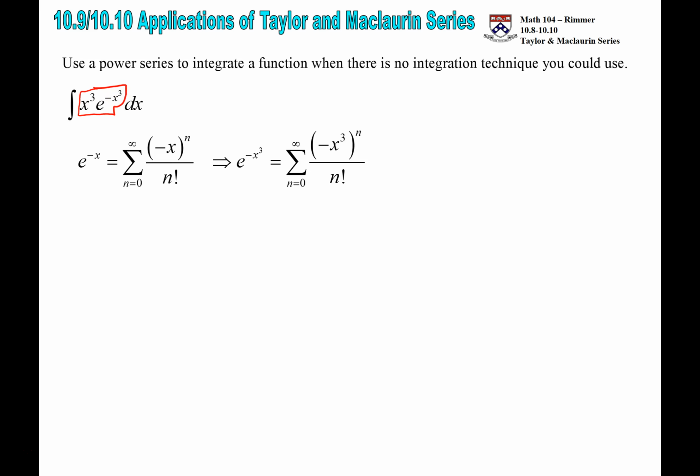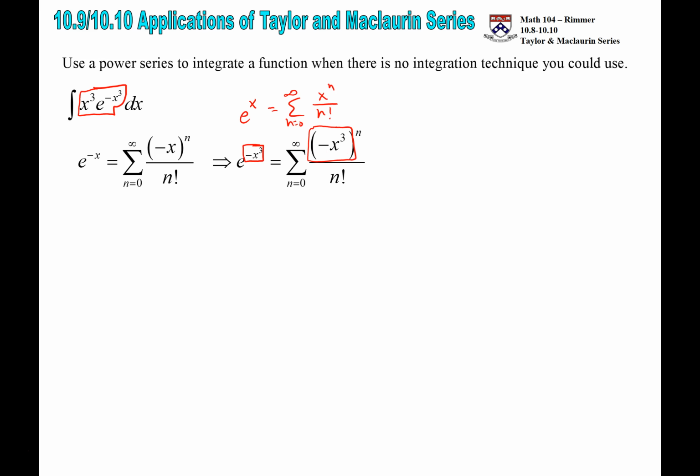So ultimately what we're doing is taking e to the x's power series and replacing x with negative x cubed. Let's just do it in 1 step. So e to the x's power series is x to the n over n factorial. And so what we're going to do is replace every x with negative x cubed, and we have the power series for e to the negative x cubed.